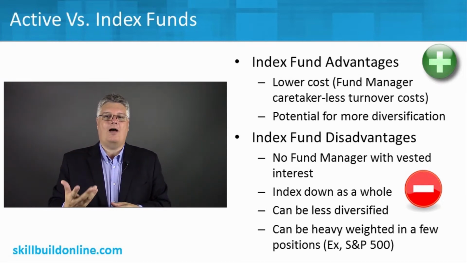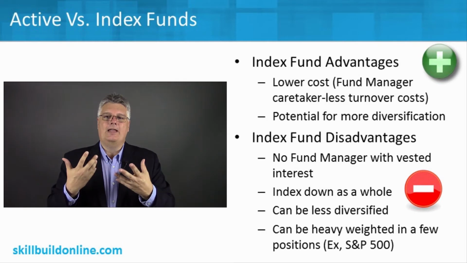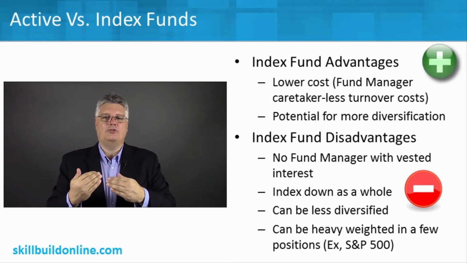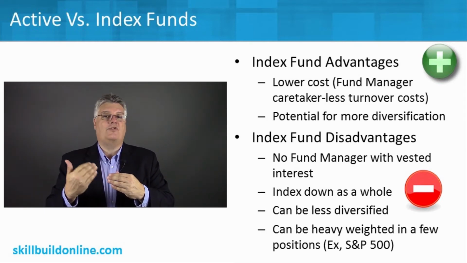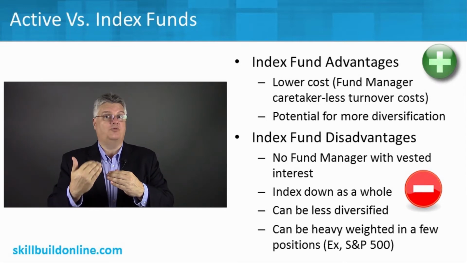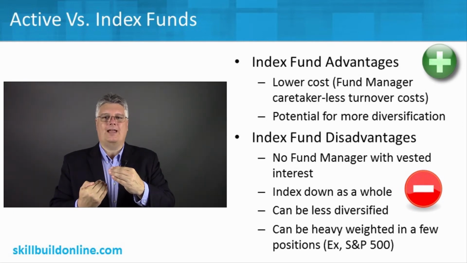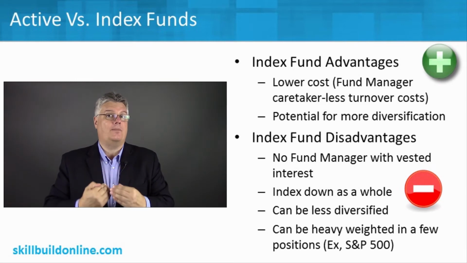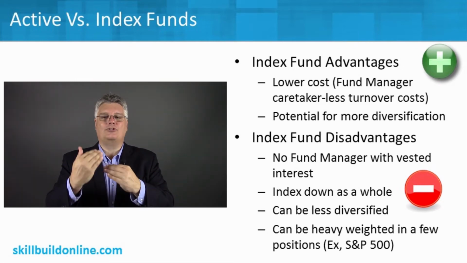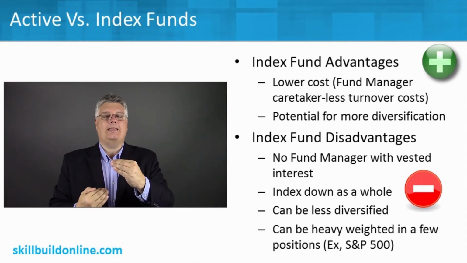And so with the low cost, what happens is if you have similar returns, or even if an actively managed fund actually does better than the index, which is rare, their expenses will bring it below the index. Also, they might have more tax implications with those actively managed funds, thereby also reducing your potential return. So the idea is an index fund doesn't have to do as well to beat an actively managed fund.